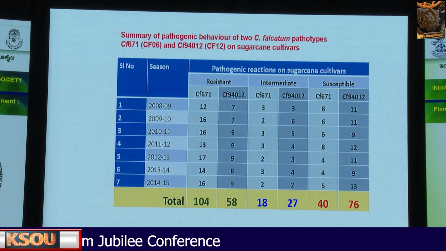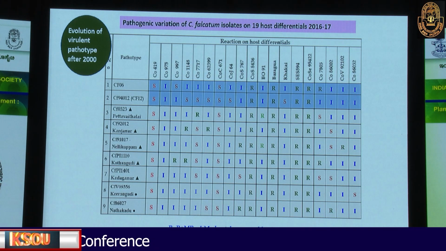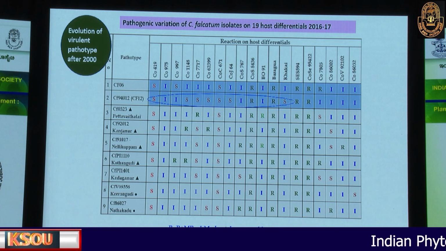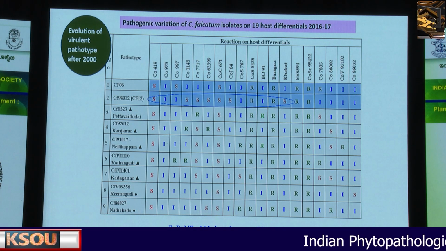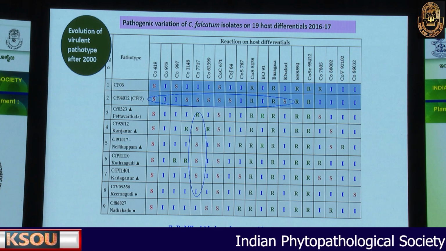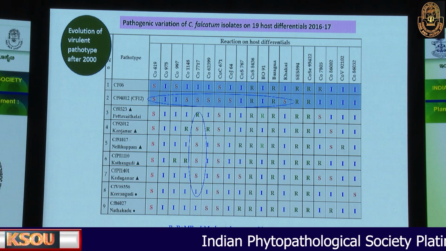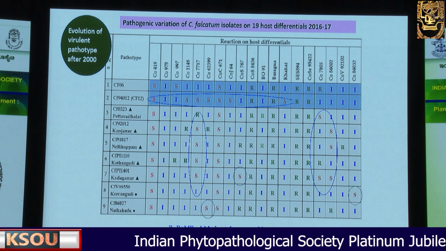We tested with a set of varieties, and even in the set of differentials we could see the new pathotype establishing and causing susceptible reactions. This is how we found that a new pathotype has emerged. Other pathotypes were also collected, but they behaved similarly to the new pathotype.